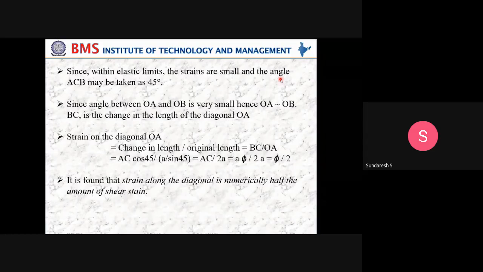So the shear strain by 2. In this step, the strain along diagonal OA can be written as, instead of shear strain, if I take shear strain here, it will become tau by G. So strain along diagonal OA will be tau divided by 2G. Is it right?